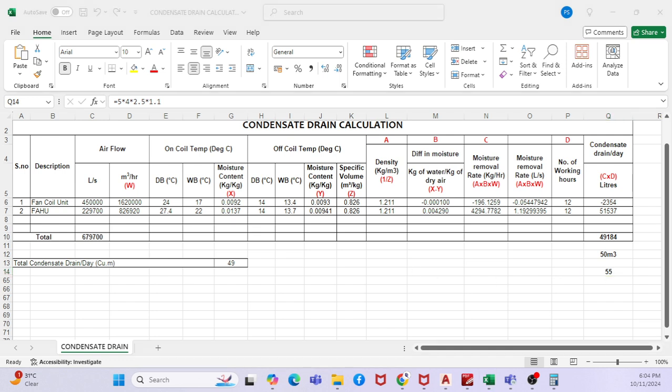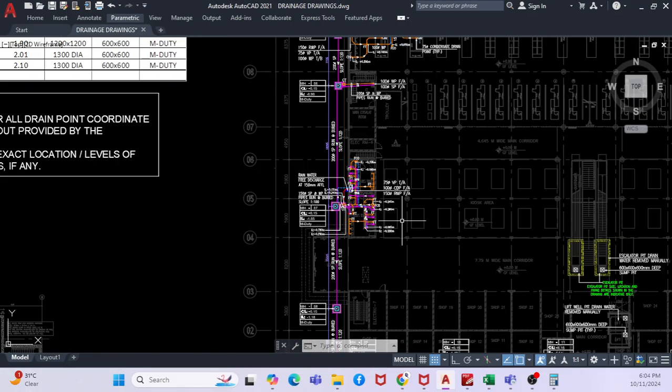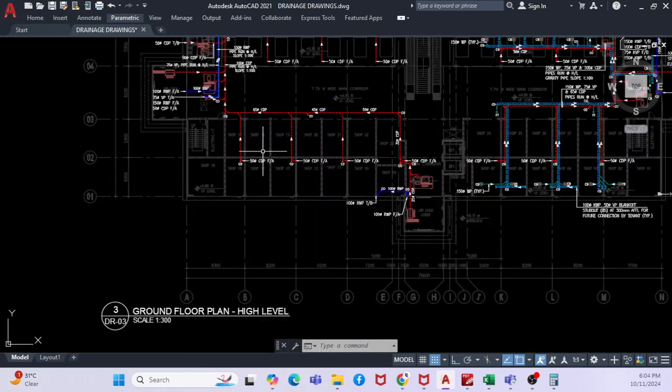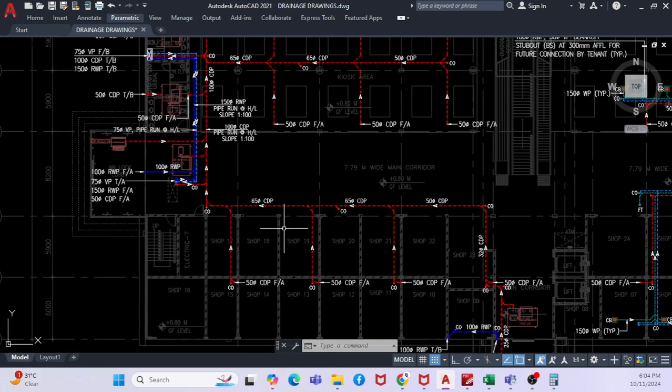Do you have any doubts? One more question, sir. If you have a number of units on one floor, like 10 units, we cannot take the condensate drain for 10 units in parallel. We have to split the pipe sizes for, like, 5 units.